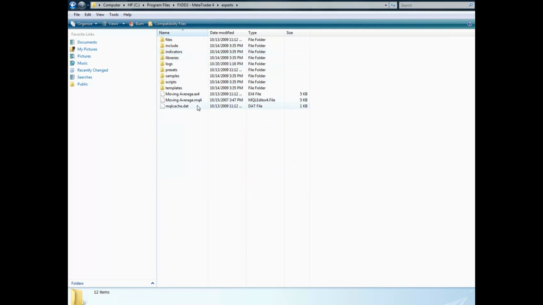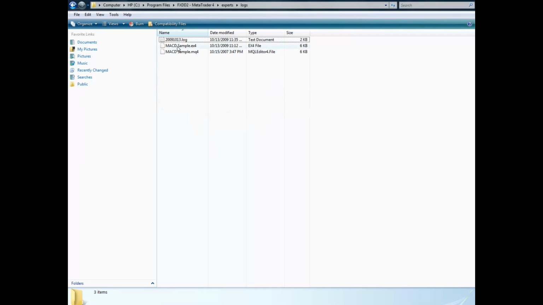As you can see here, we have the moving average experts. Okay, and what I've done is I've just stored a couple of expert advisors here. This is just for the purposes of illustration.